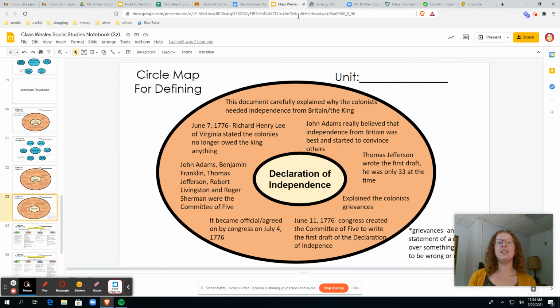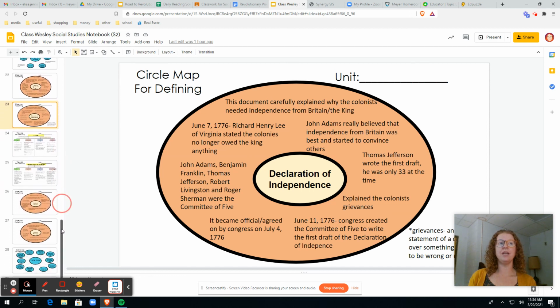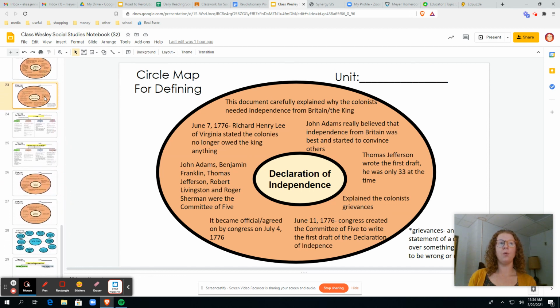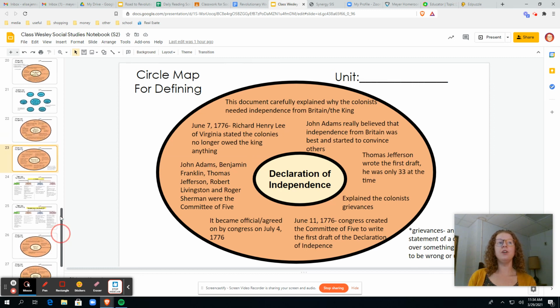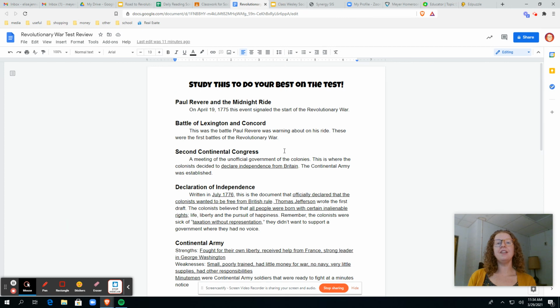If you still don't have the answer, look through the circle map that we made. The answer is there somewhere. Remember, it's from the American Revolution and down. All of this information, these slides, are what we are covering on our test today. So look it over and definitely use this. If you're reading through your test going, I don't remember any of this, well, then reteach yourself, right? Use your resources to do your best.